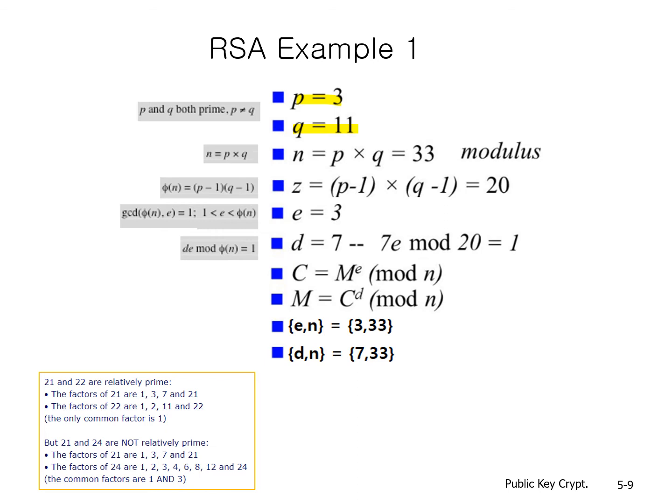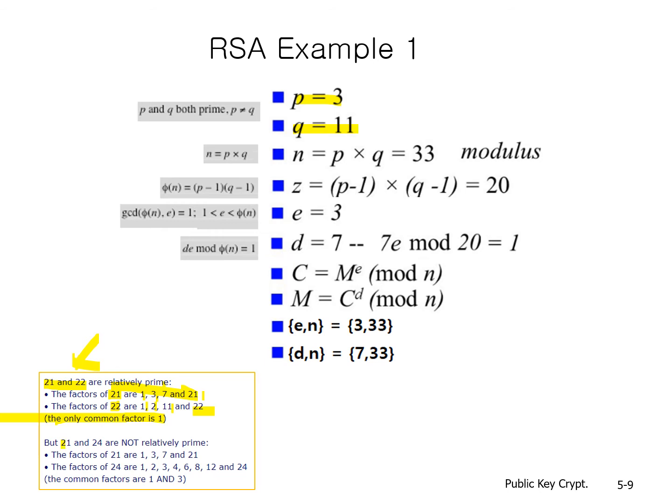Let's see, 21 and 22 are relatively prime because the factors of 21 are 1, 3, 7, 21. Factors of 22 are 1, 2, 11, 22. The only common factor is 1. So 21 and 22 are relatively prime.